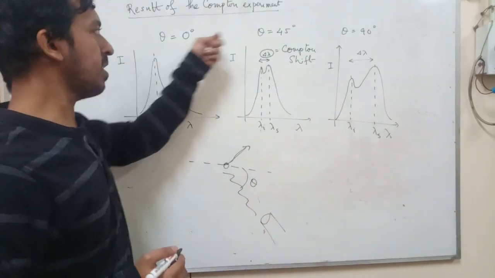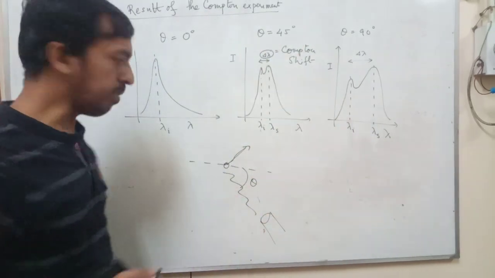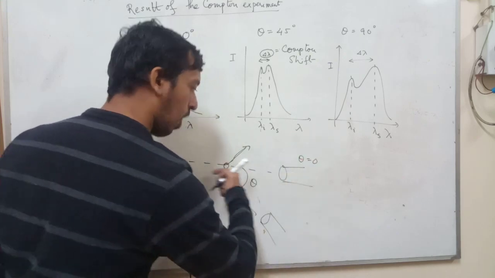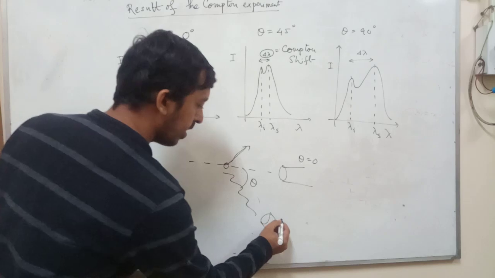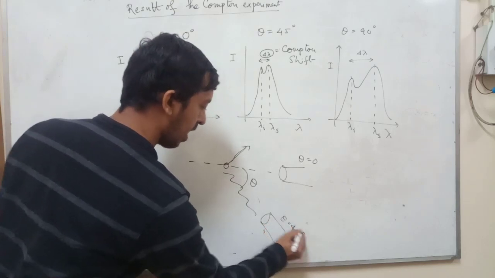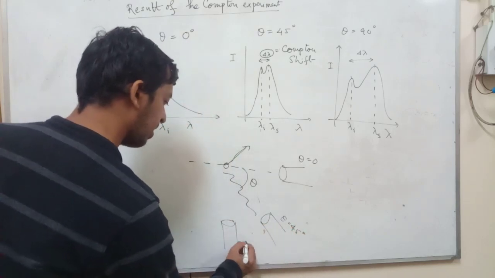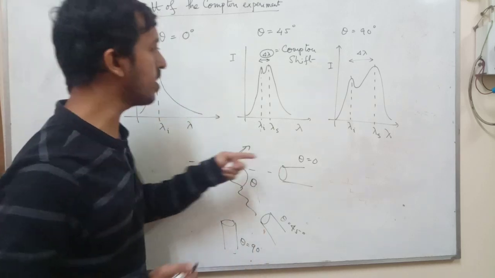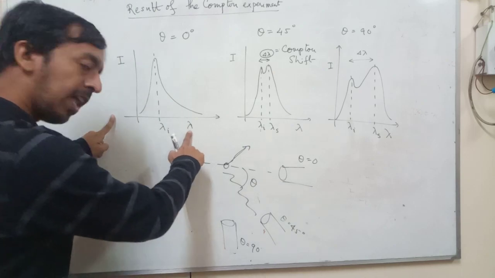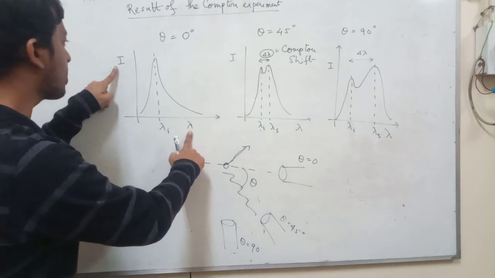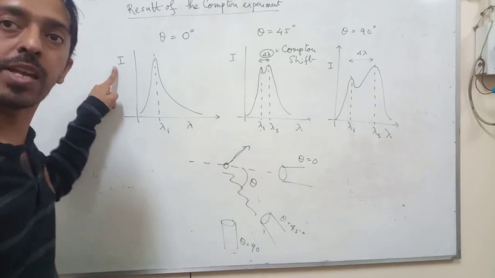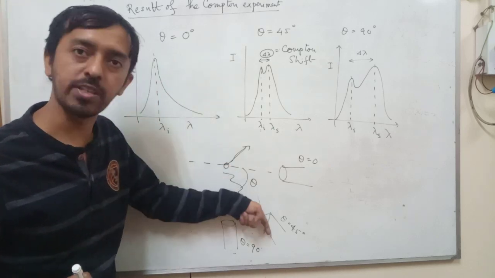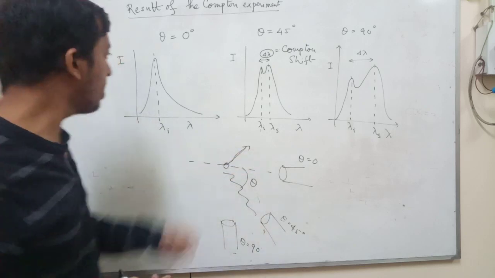Nothing special about these three, but we plot for when the detector is at theta equals 0 along the scattering line, when theta equals 45 degrees, and when the detector is here, say theta equals 90 degrees. For these three distinct positions, we plot the wavelength of the photon versus the intensity. Intensity means the number of photons along a particular direction. That's what we are catching.